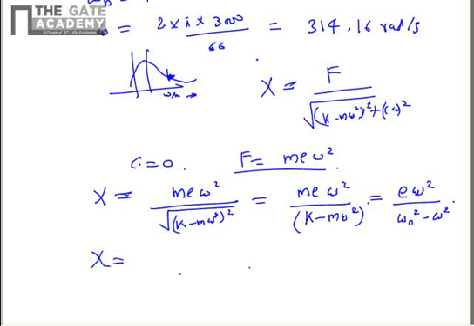We know the eccentricity is given as 0.01 mm, so 10 to the power minus 3. And omega, the real angular speed of rotation, is 314.16, whole square, divided by omega n.